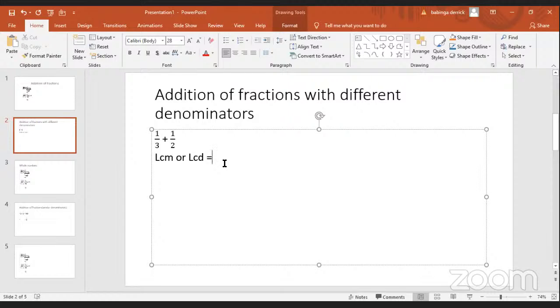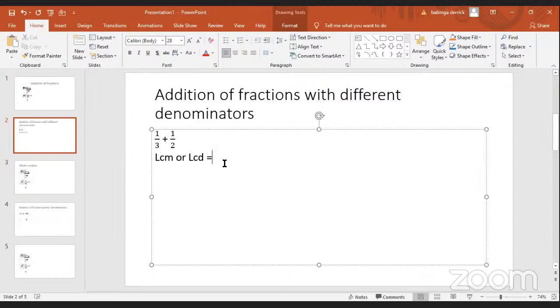No, not that, it is the lowest common divisor, because we get it by dividing, yes? We look for that number that can be divided by both 3 and 2. So there are two things, the LCM or the LCD. You choose which one is simpler for you.